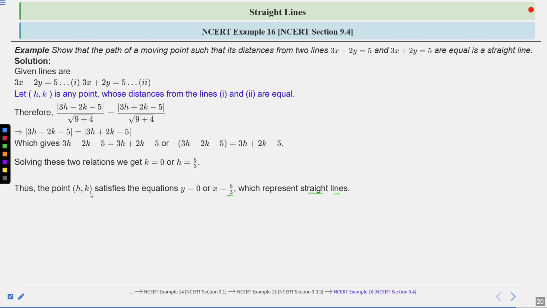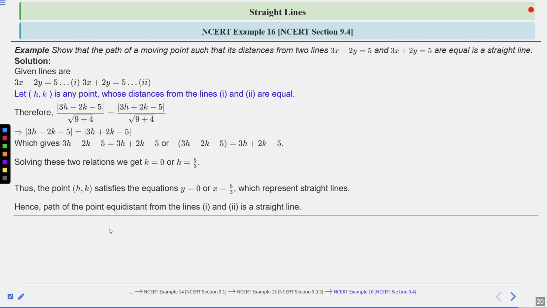We get that the point h comma k satisfies y equal to 0 or x equal to 5 by 3, and these are equations of straight lines. Hence proved: the path of the point equidistant from the lines 1 and 2 is a straight line. I hope it is clear to all of you.